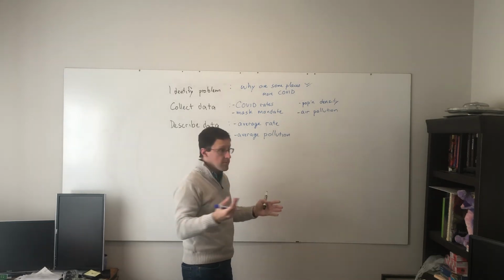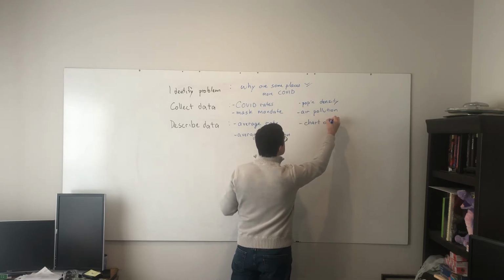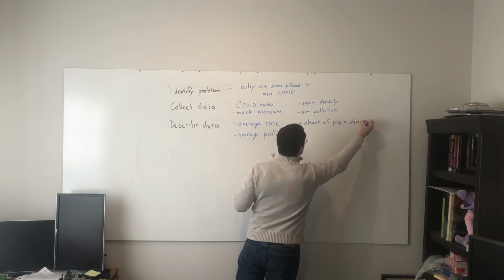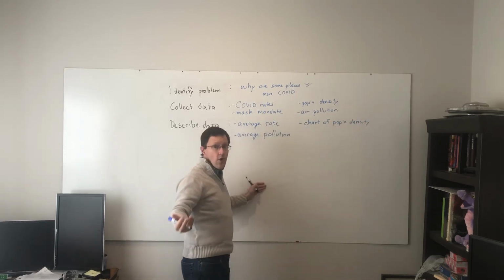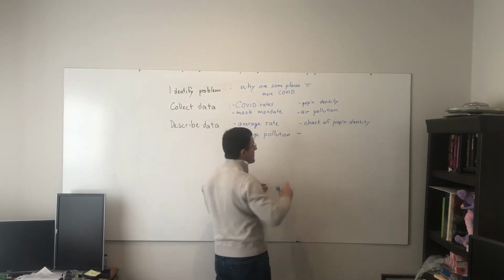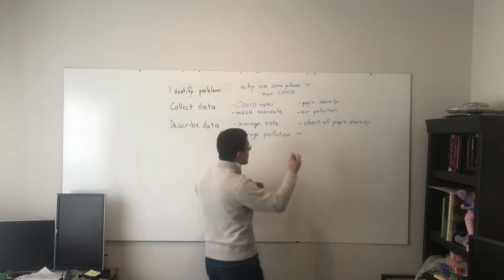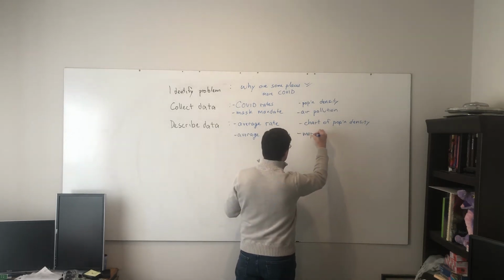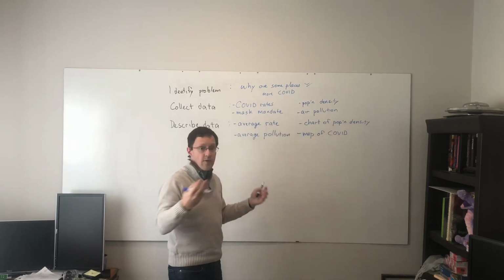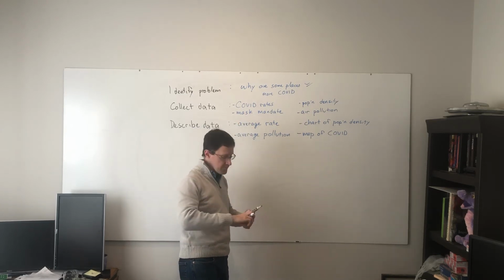It can also be visual. So we might have a chart of population density or a graph. And we can also map things out. So we can map out the COVID rates. We can also map out where there are and are not the mask mandates.